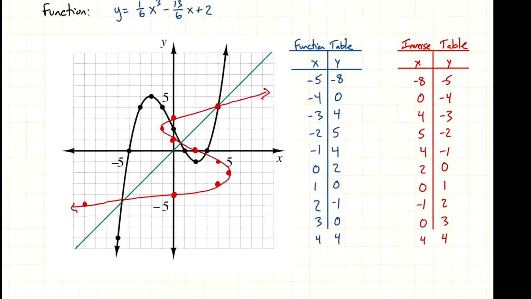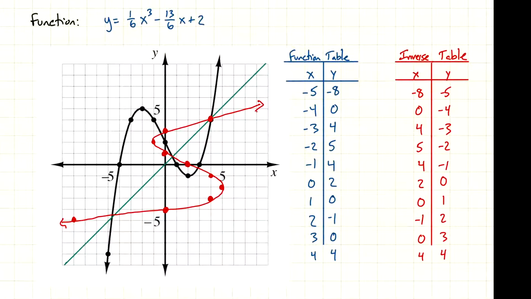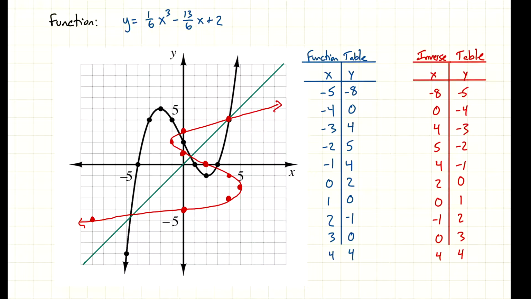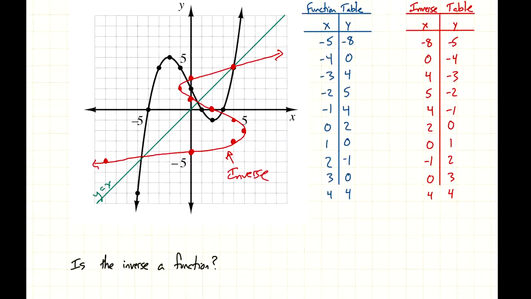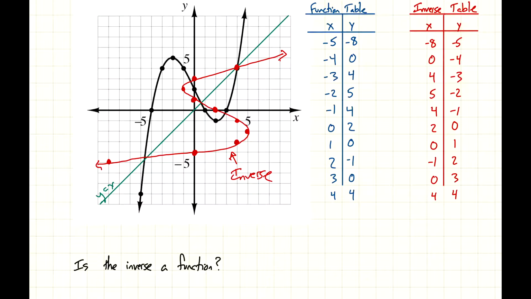All right, so definitely that one's challenging. Notice we still have that same line of symmetry, y equals x, and don't forget which one's your inverse in this. All right, so writing the equation is going to be challenging. Is this an inverse? Let me ask you that.